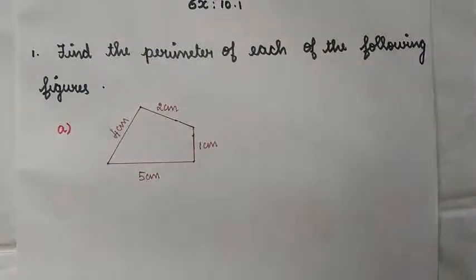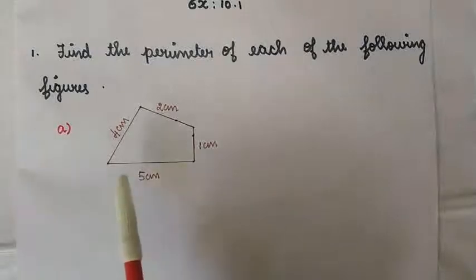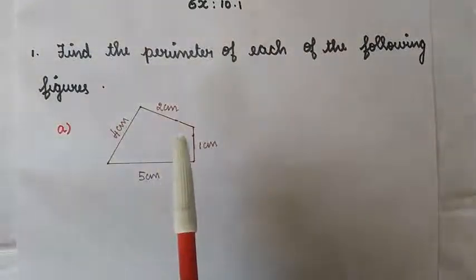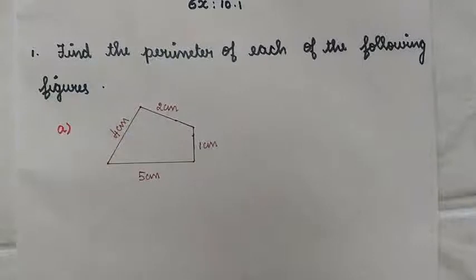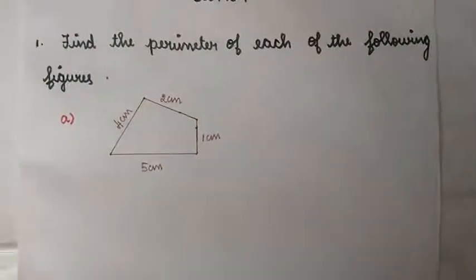So, how will you find the perimeter of any closed figure made up of line segments? Just simply find the sum of the lengths of all sides. Okay, that is called perimeter. Write the formula for perimeter.